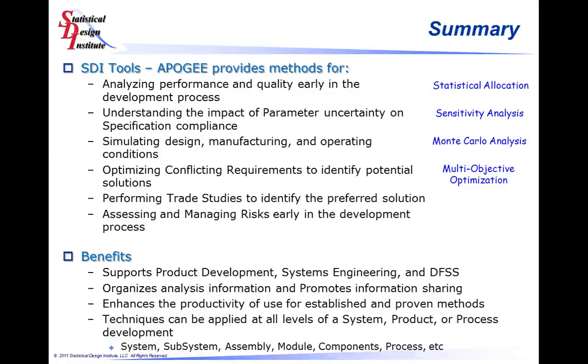We found that these techniques really do enhance the productivity for engineers to use established and proven methods as part of their development process. And you can use these techniques to analyze the top-level system response, a characteristic in an assembly, a condition over a component, or analyze a process, whatever it may be. The Apogee tools will support these types of activities.